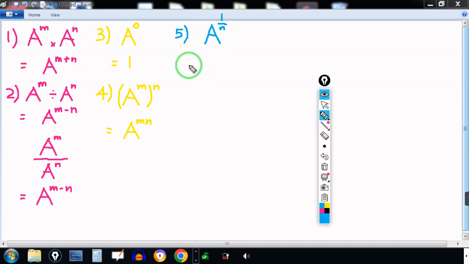This is very, very easy. Just write back the A, the base. To help you remember, there's a 1 over.